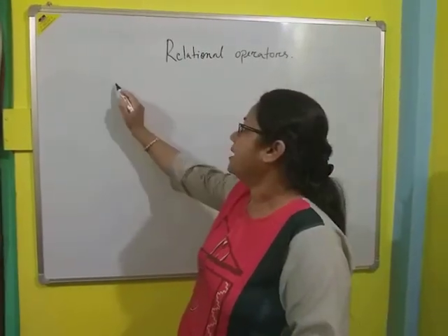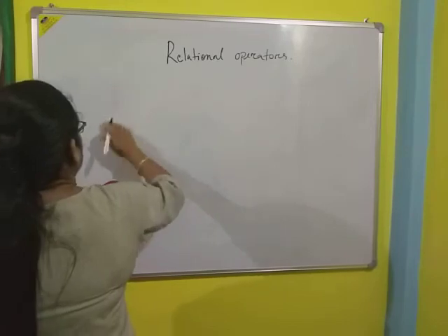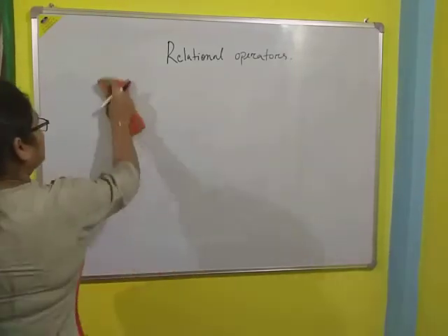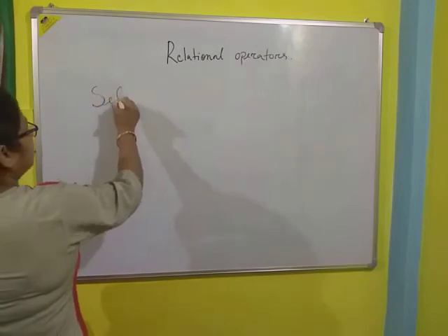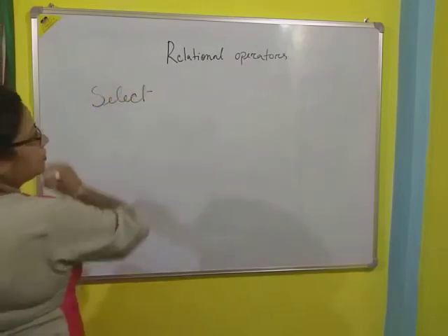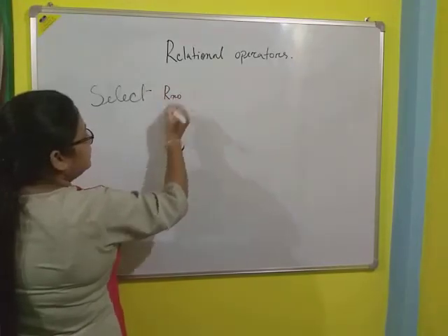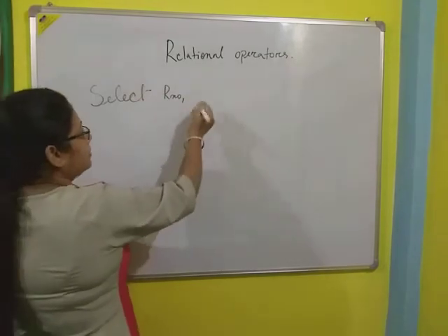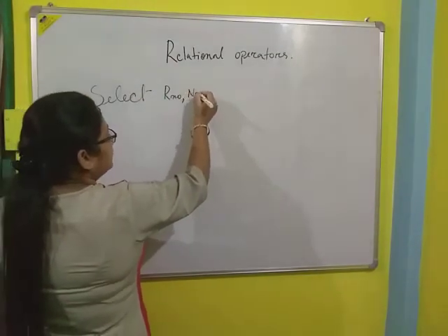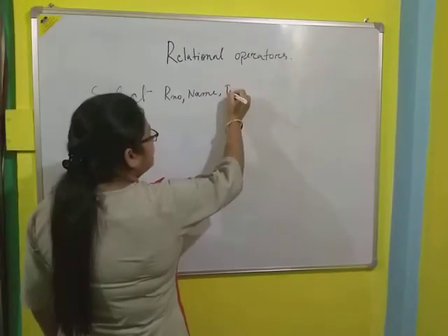So here I write select. Suppose I want to select the roll number field, comma, name, comma, total marks.